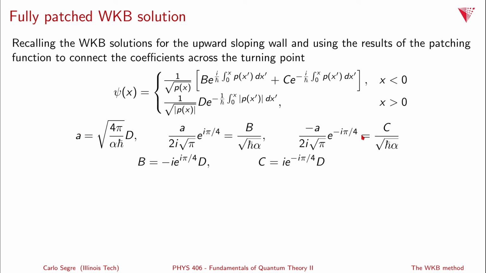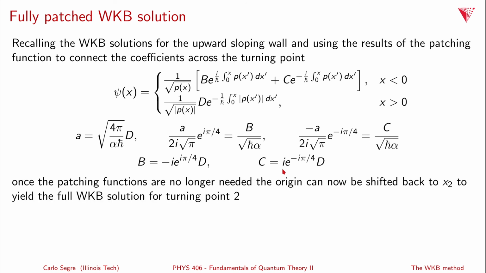So we've eliminated a, and now we no longer need the patching function. The patching function was only used to match the functions on either side of the turning point. We don't need to know the details of the patching function, because the WKB approximation is so good, but we use it to match the WKB functions on either side.